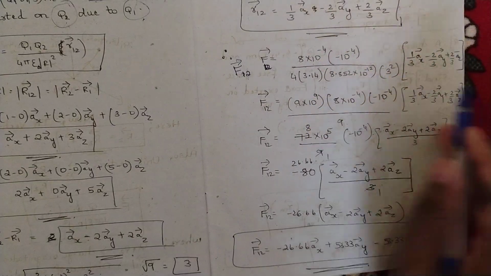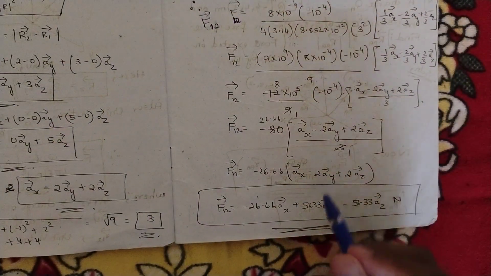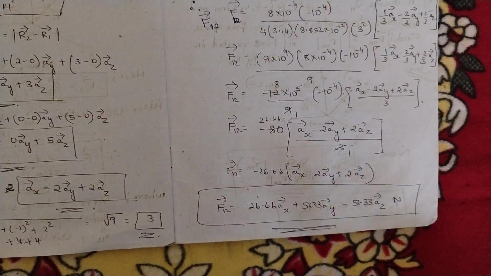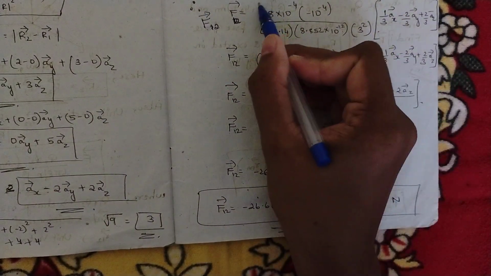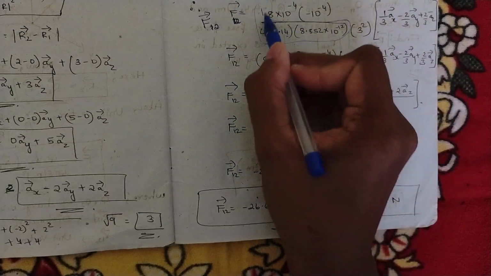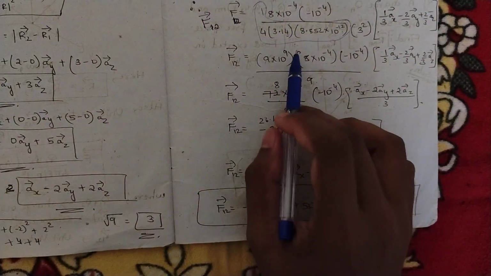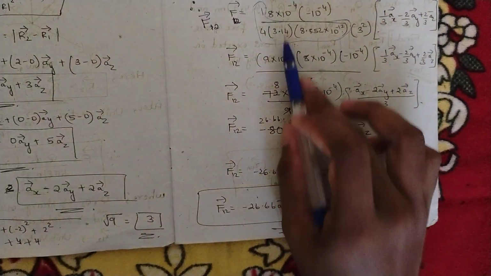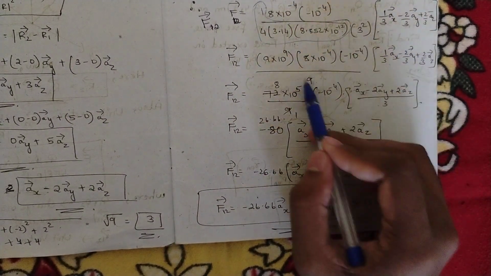Write it, solve it, simplify, see each step very carefully what I have done. There is 1 by 4 pi epsilon naught, right? I've told you it has one standard value, that is 9 into 10 power 9. So I've substituted that, and kept the rest of the terms as they are. So this is divided by 9 here.